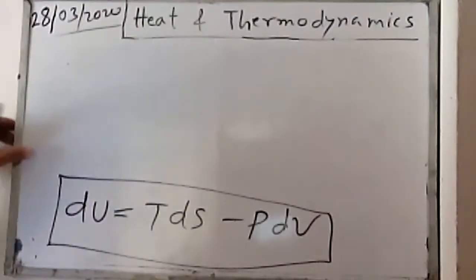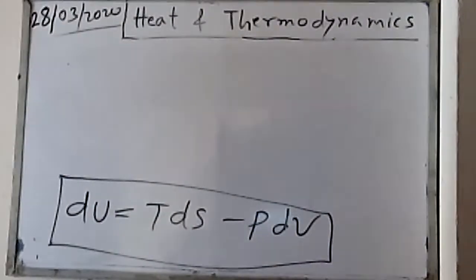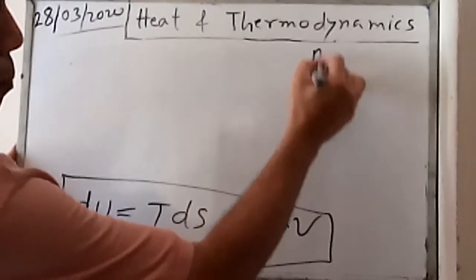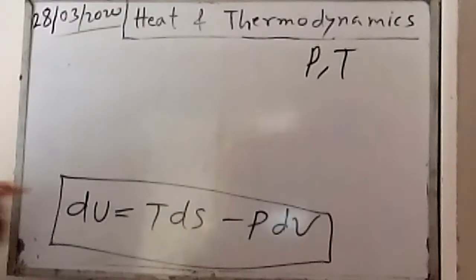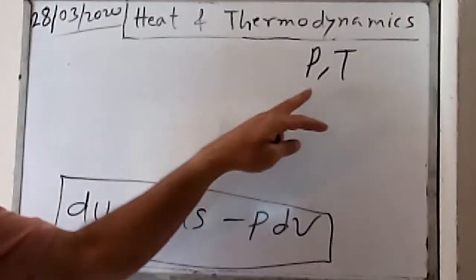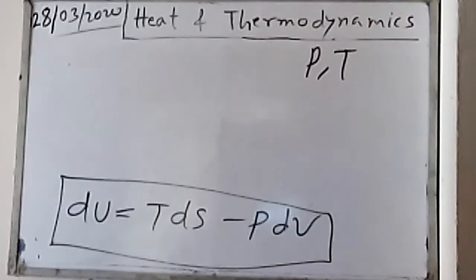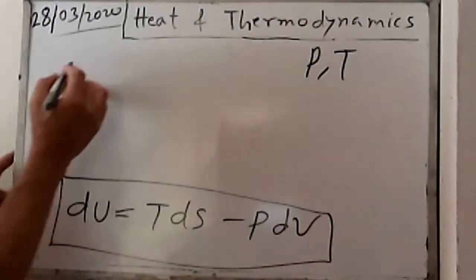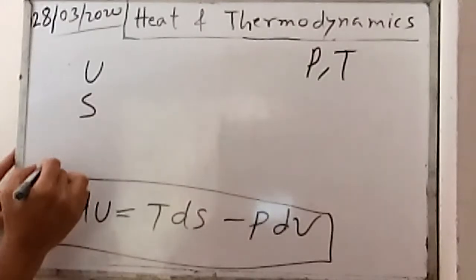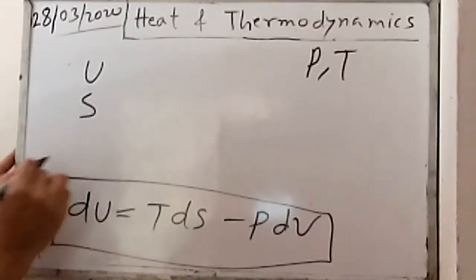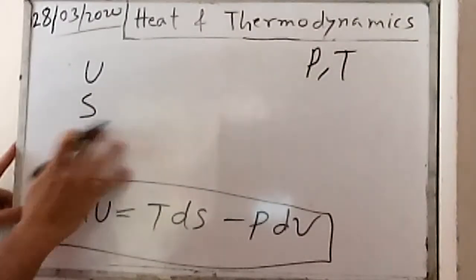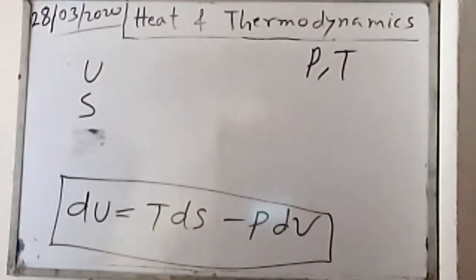Suppose we know two state functions, pressure and temperature. Then the other state functions, suppose U, S and V, we don't know.